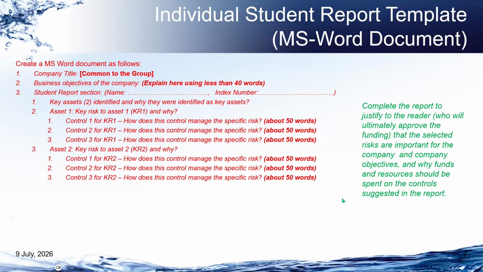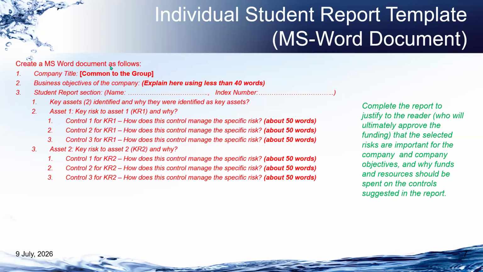instead of this, I put in that one, which is basically the individual student report template. Each and every one of you needs to create a Word document in this format and submit it. For everybody in one group, this part will be common to the group, as will the business objectives of the group company, because there are only five companies I've given.